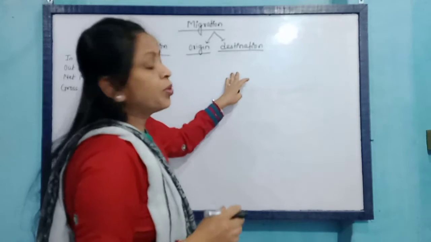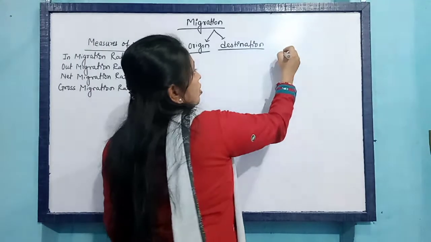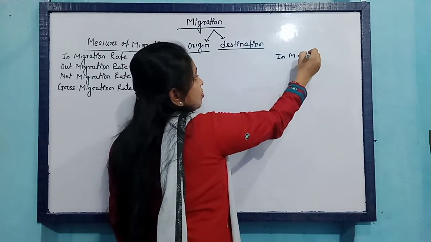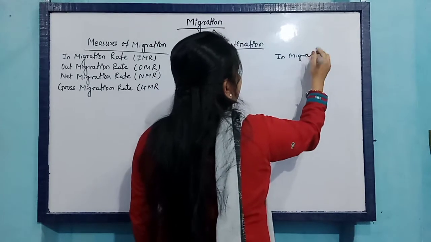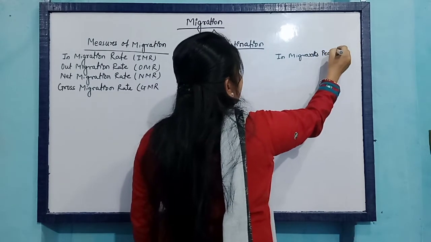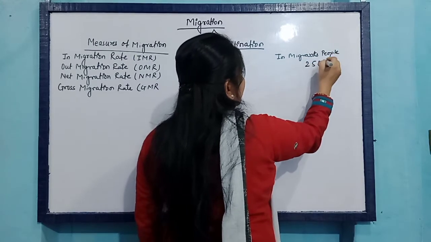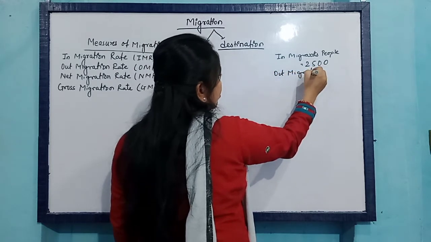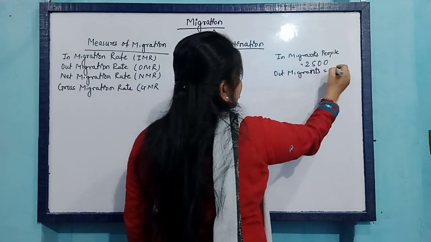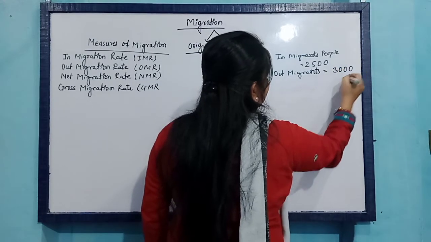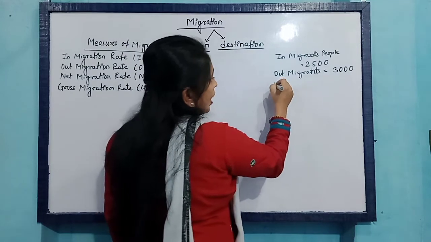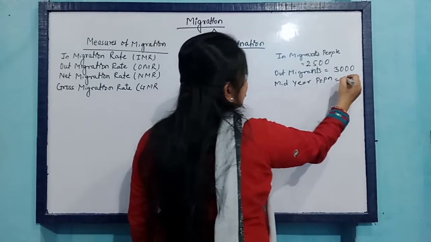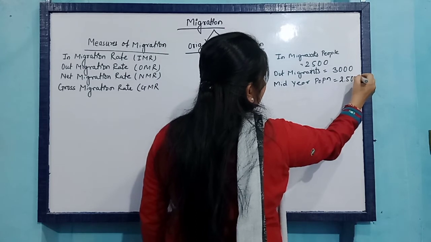Students, suppose we have given data that in any place the in-migrants are equal to 2500, out-migrants are equal to 3000, and the mid-year population is 2,50,000.